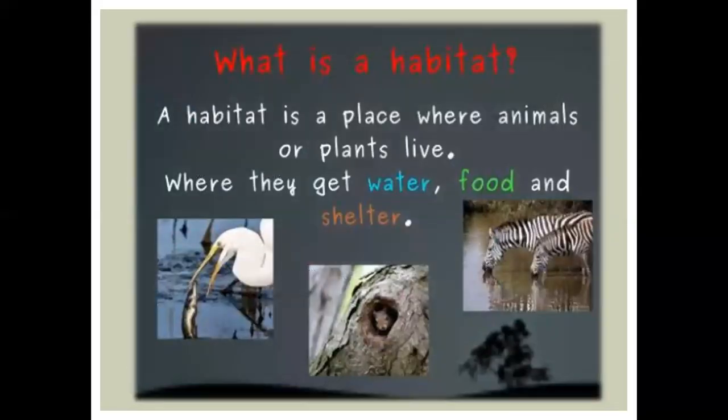Here is a simple definition of habitat. A habitat is a place where animals or plants live, where they get water, food, and shelter. You can say a habitat is a place where all the requirements of the animals or plants are fulfilled and they make their home there. That is called a habitat.